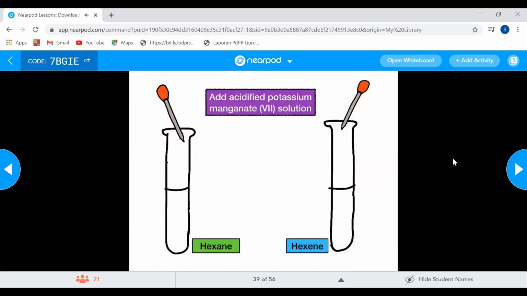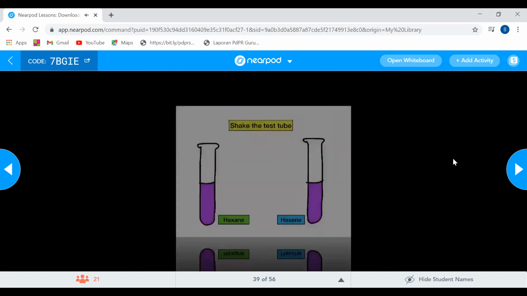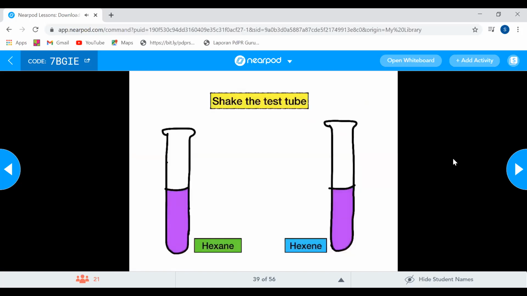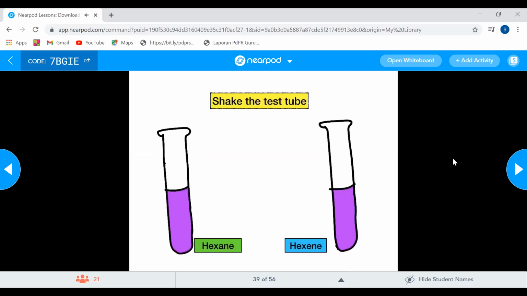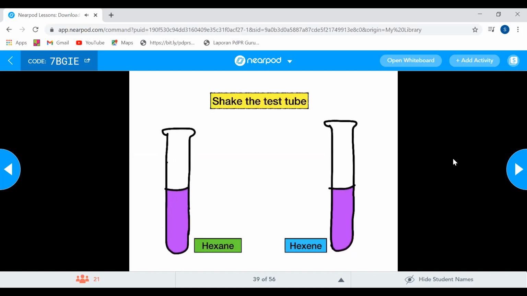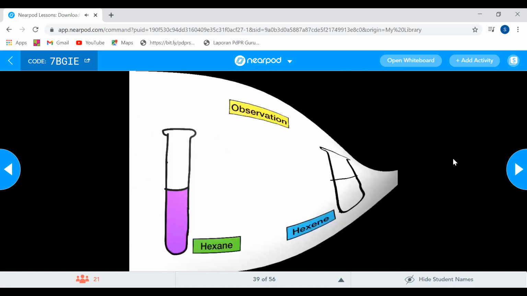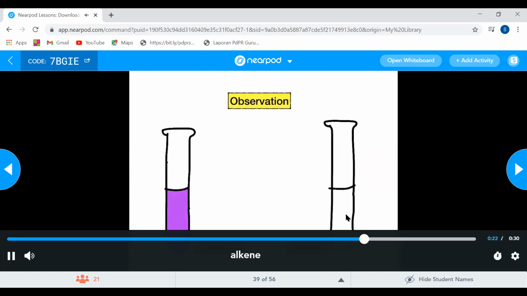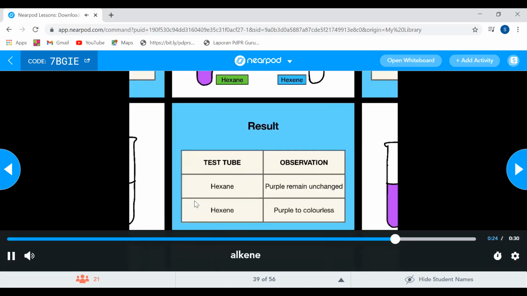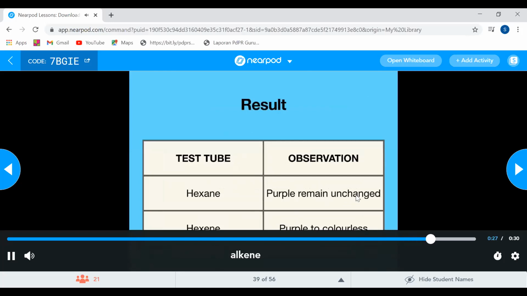Okay, this is the one. You see hexene become colorless. Okay, with the other one, the purple remains unchanged.